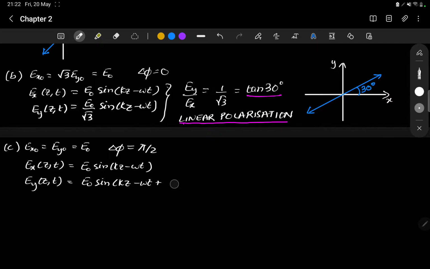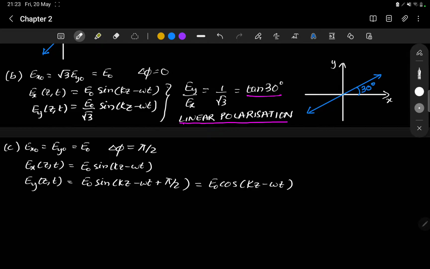Now sin(pi/2 + theta) is basically cos theta. So this gives us E0 cos(kz - omega t).